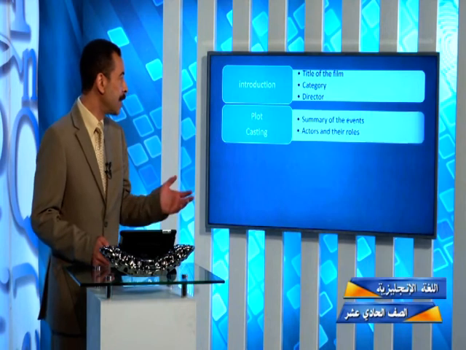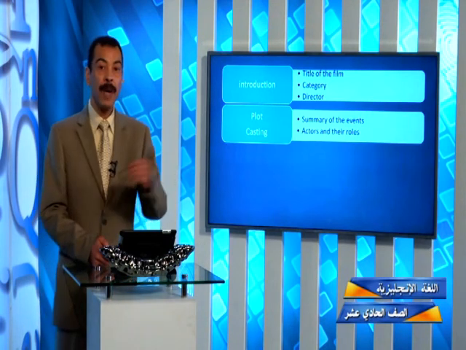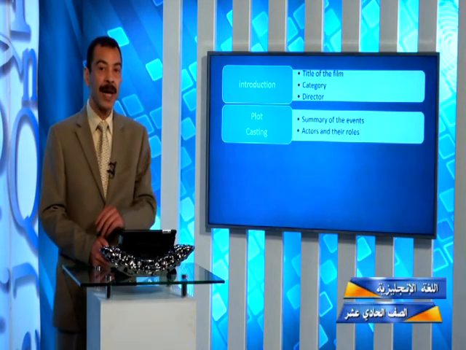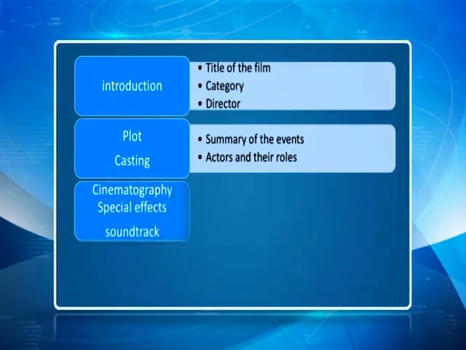For example, we can say summary of the events, actors and their roles, who played which role. You need also to know the names of the characters and the roles they took in the film. And also you need to talk about cinematography, special effects and soundtrack. So your body could contain 1 or 2 or even more paragraphs.